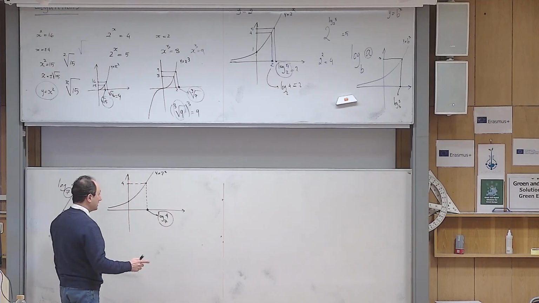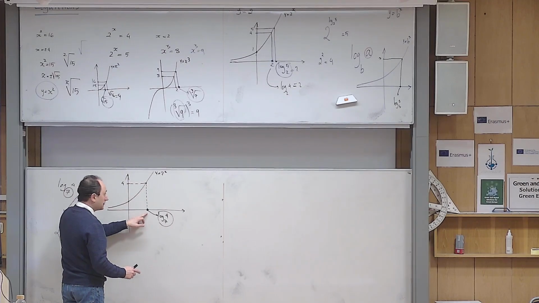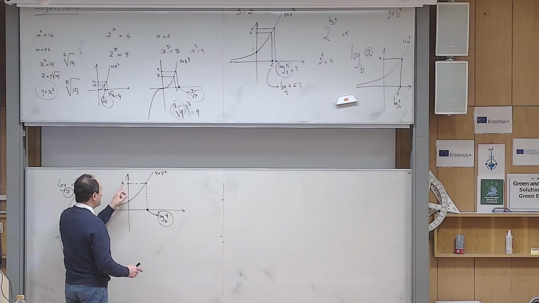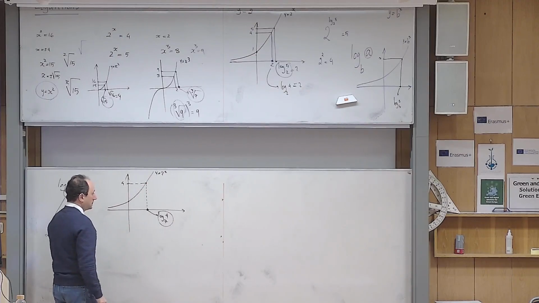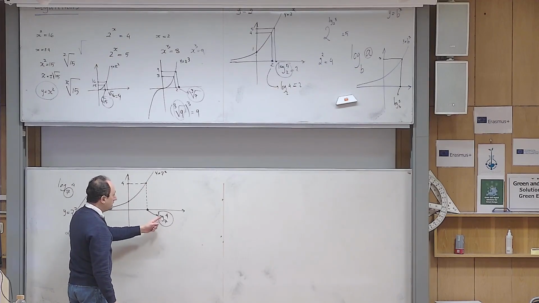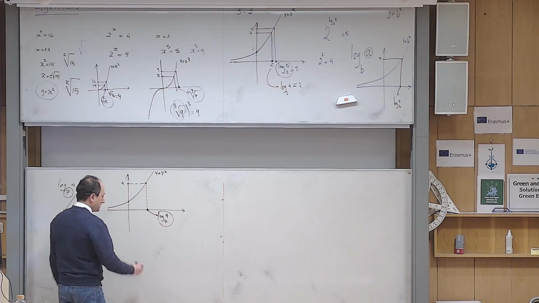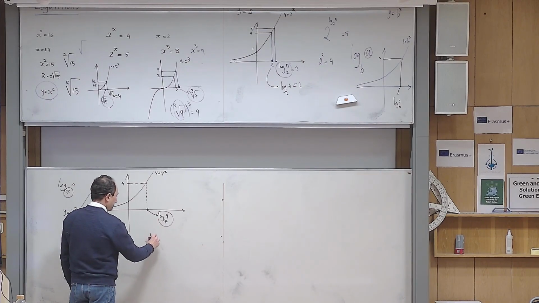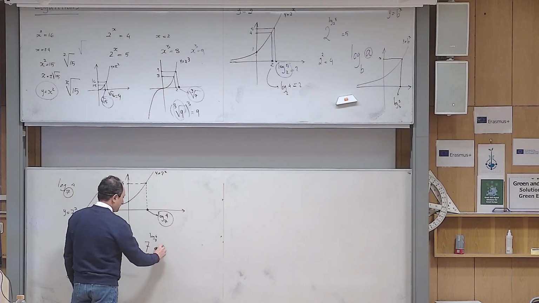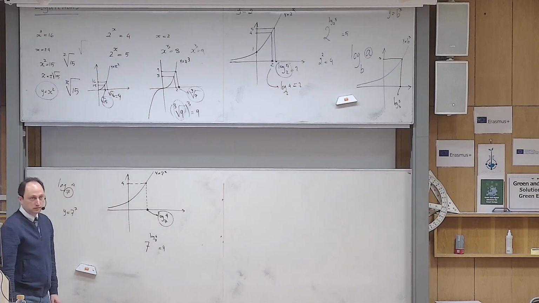I am asking which input gives rise to 4. So this is why we go backward. But this is the only number so that 7 to that power becomes 4. Yes or no?